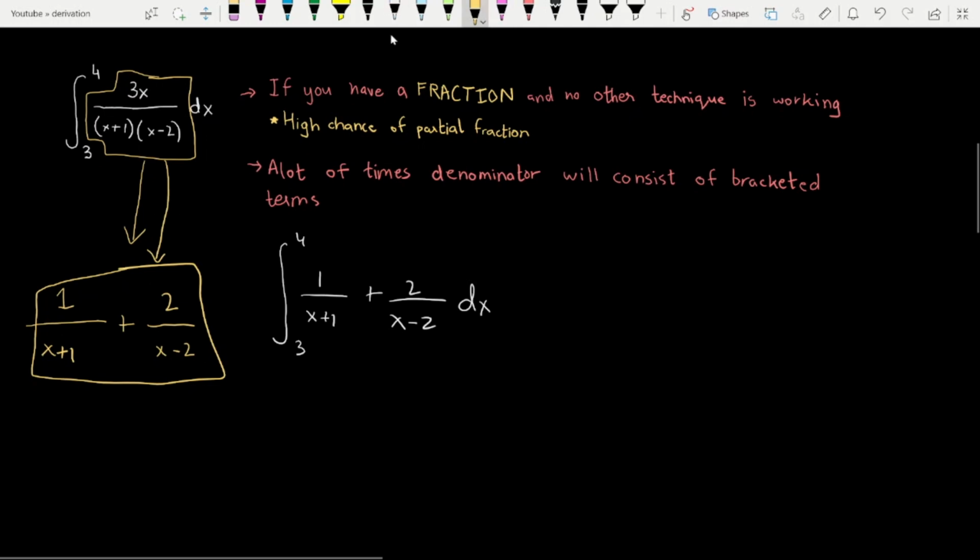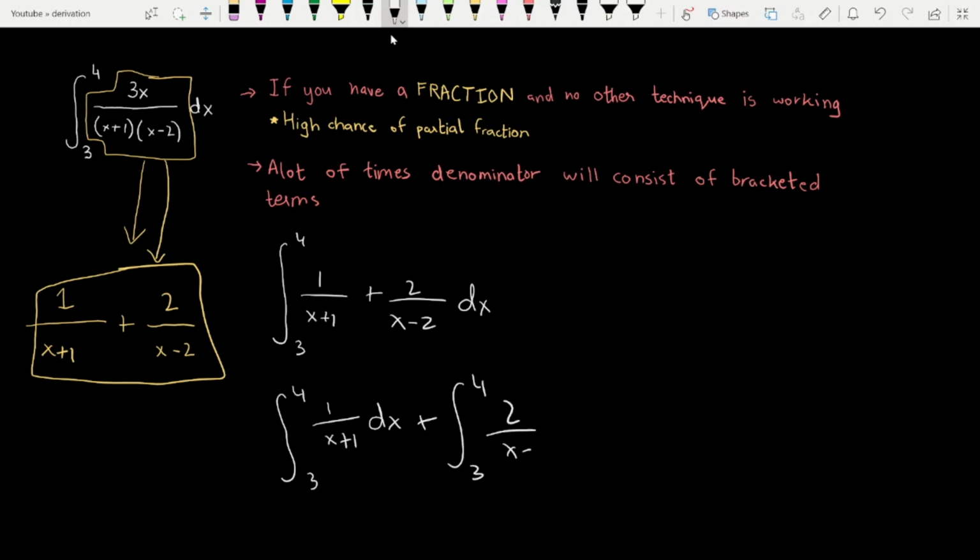The first thing I would want you guys to realize is that it's a plus sign over here, so you can break this down into two integrals, and that's what I'm going to do. So I'm going to break this down into two pieces. It's going to be 1 over x plus 1 dx, and it's going to be 2 over x minus 2 dx, right?